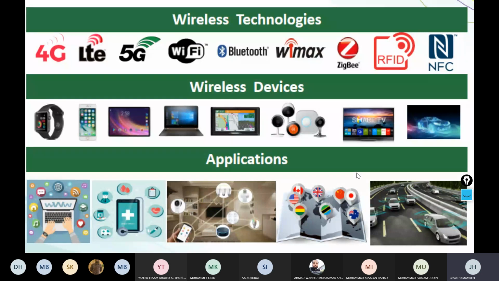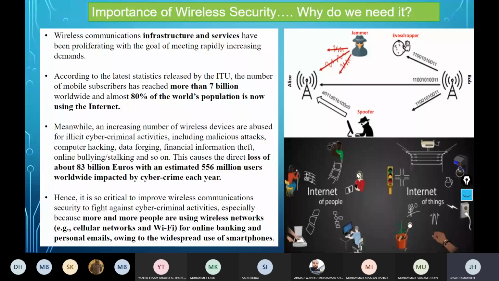So this shows you how critical and how influential security is in these kinds of applications and in these devices. This is why security is important, and more specifically wireless security. And this is why we need such security.